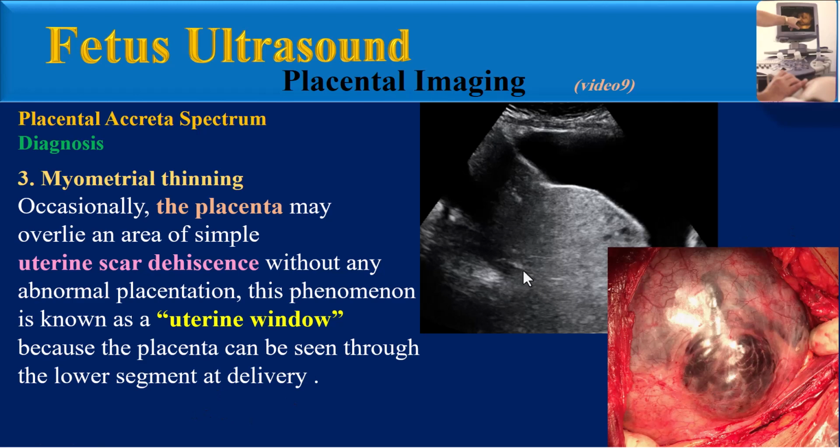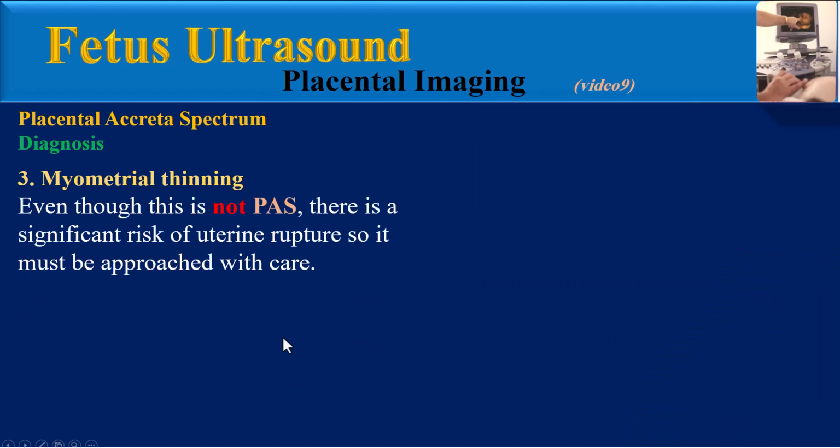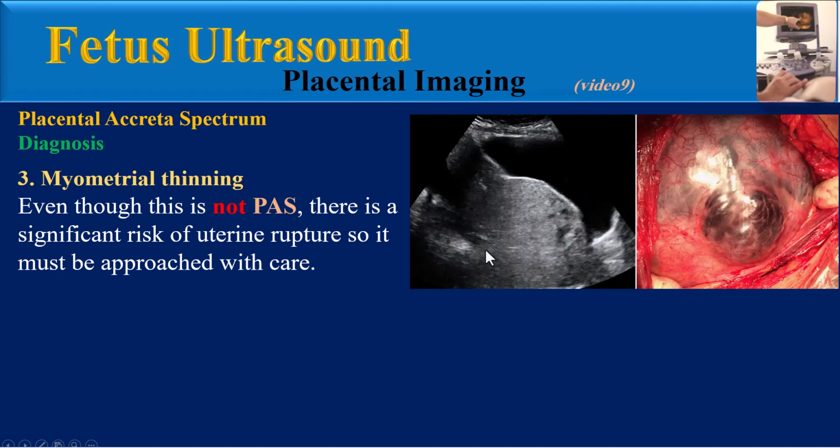In this ultrasound image, we can see the bulge of the placenta, but the uterine tissue around the defect is completely normal, and there are no signs of placenta accreta spectrum on ultrasound. Even though this is not a placenta accreta spectrum, there is a significant risk of uterine rupture, so it must be approached with care.